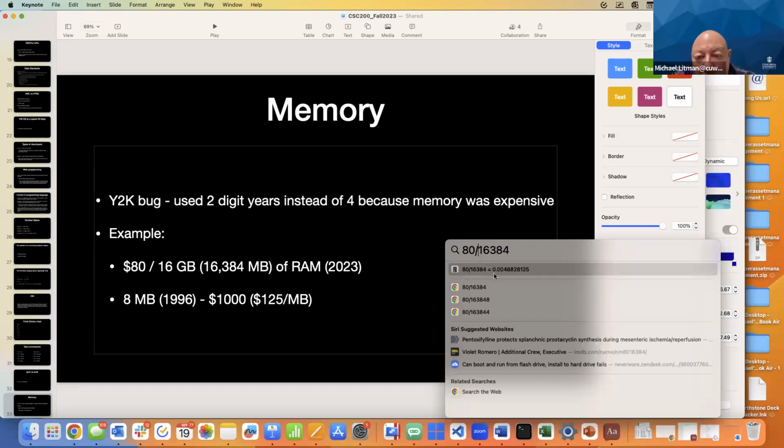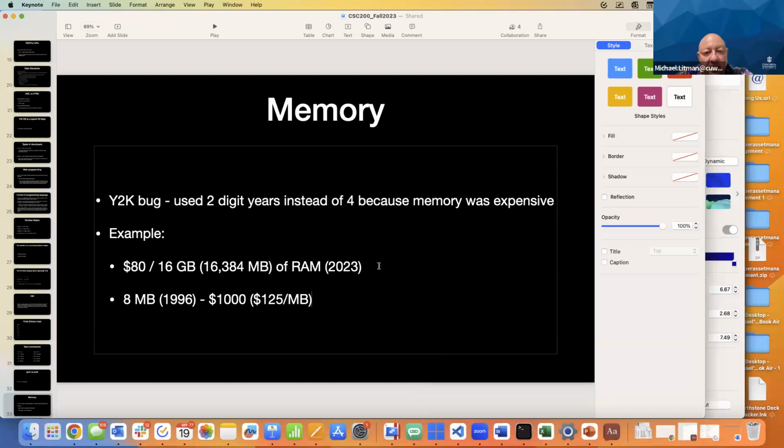So 80 divided by 16,384 is about 0.005 dollars per megabyte.